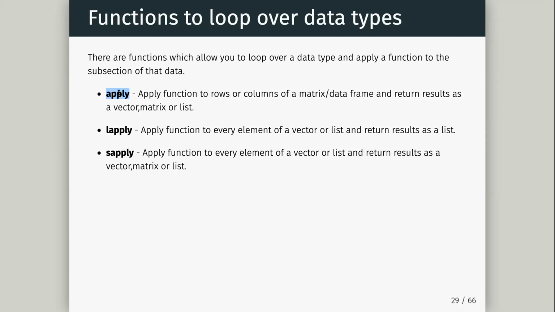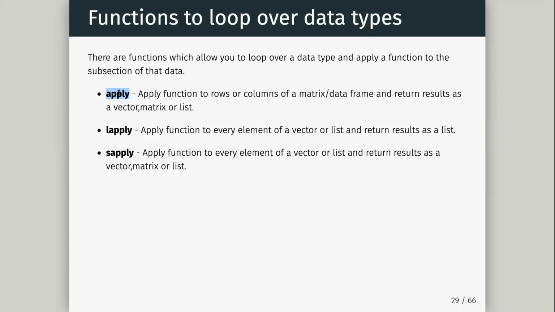sapply is a fantastic function, smart apply. Yeah, and actually it really does do what it says on the tin. So sapply, we'll show you it. It will take a vector or a list, so it's like lapply, but it will return the results as a vector, matrix, or list, and it actually has an order.